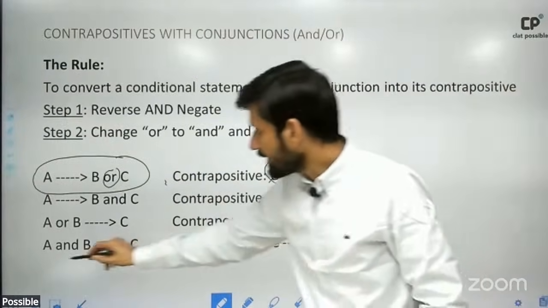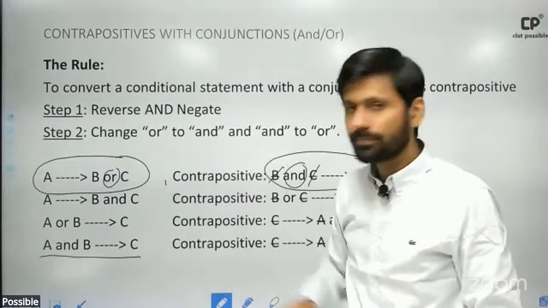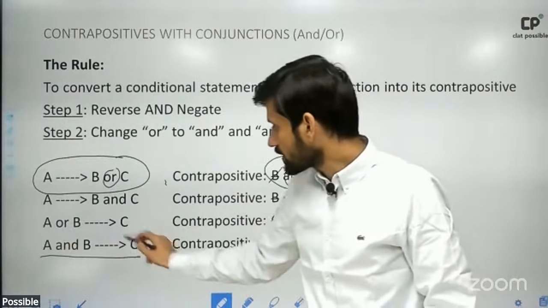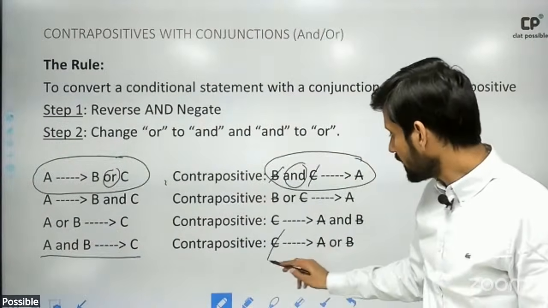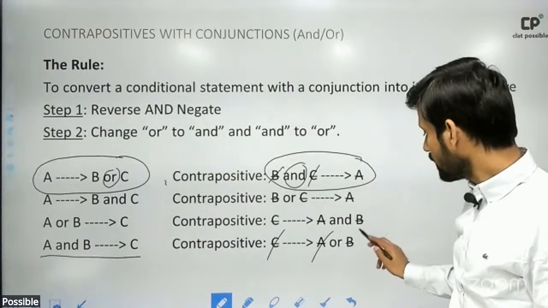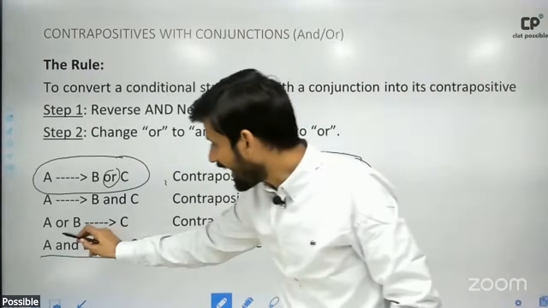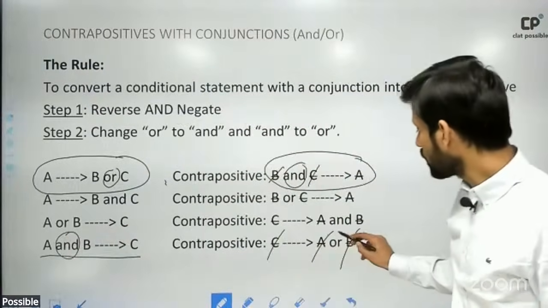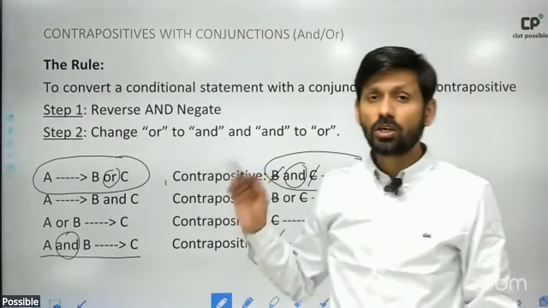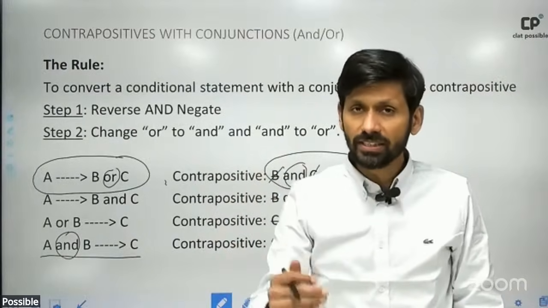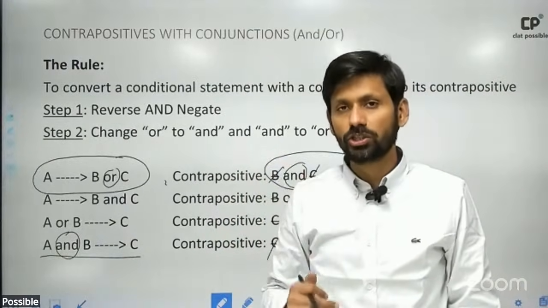Or something like A and B, then C, right? So C will go there, not C, not A, not B, and this and will change into or. Remember, this is the contrapositive. If the given statement is true, the contrapositive is true.